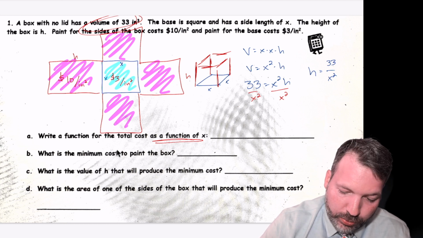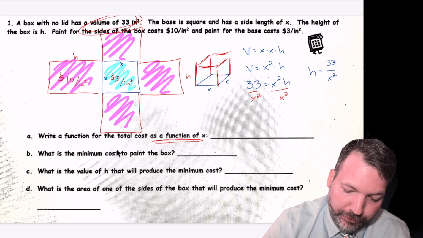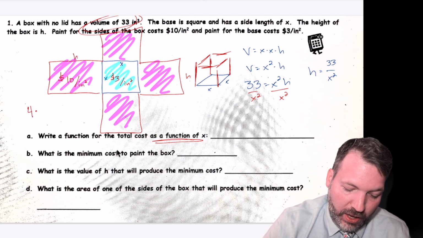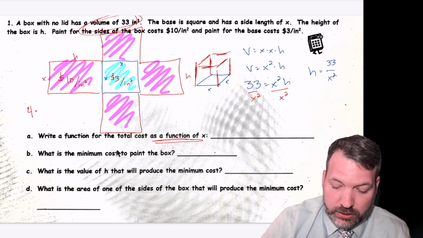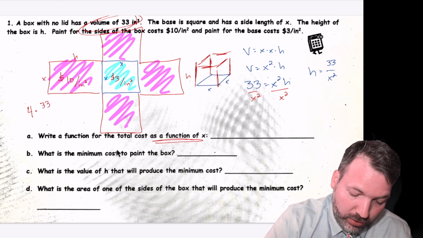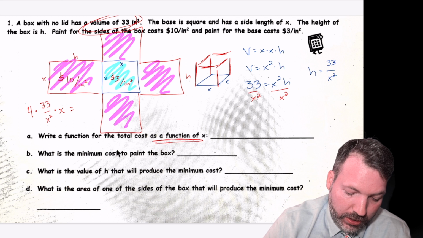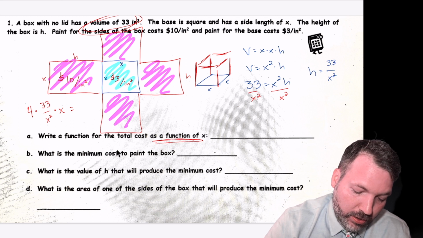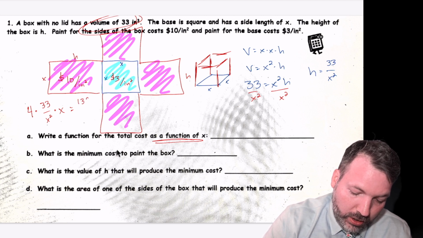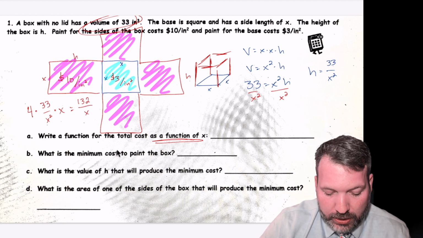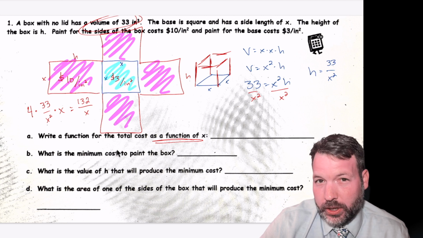So the $10 per square inch area, we have 4 of these rectangles, and each one of them has an area of h by x. But again, h we know is 33 over x squared, and x itself is just x. And so those 4 rectangles end up, once we simplify here, with 132 over x as the total area there.